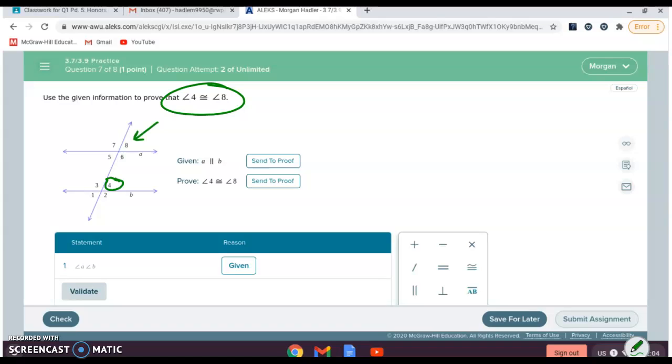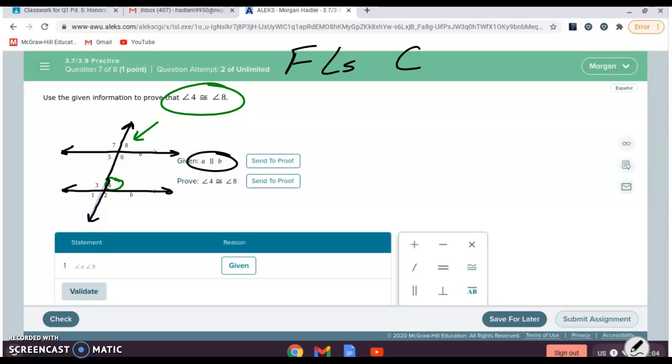When you've got these transversals, when you know that these are parallel, and they tell you that they're parallel, that's when certain rules come in that we talked about, like the F angles, C angles, and Z angles.